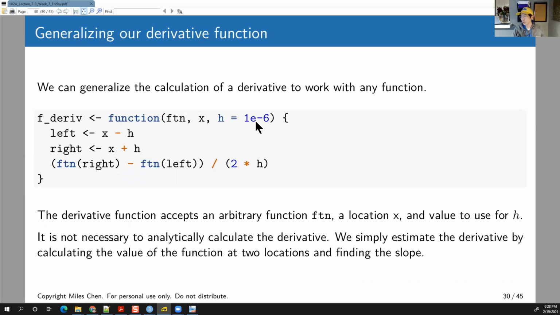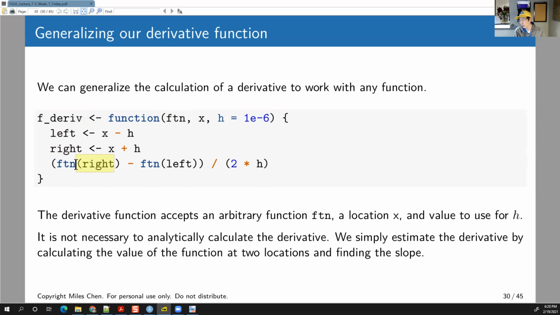So we can generalize our approximation by making a function where one of the arguments is a function itself. Okay, so we're going to say the derivative of f is going to be: we take the f and we'll do x and h, some arbitrary constant here. The left-hand side will be x minus h. The right-hand side will be x plus h.